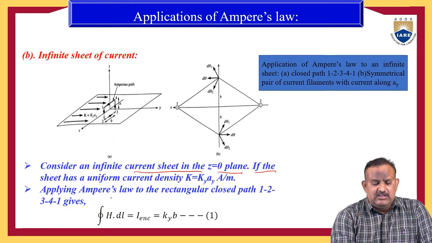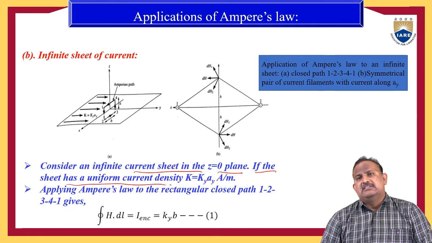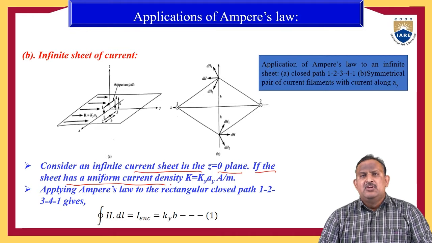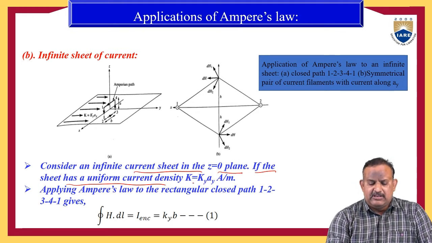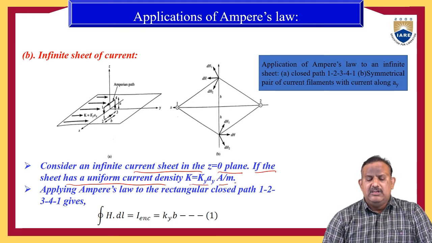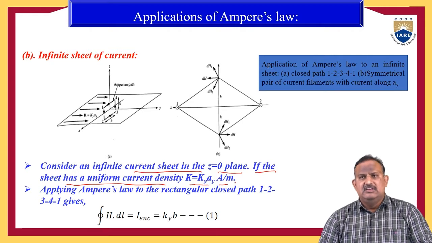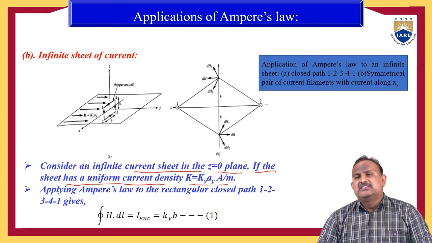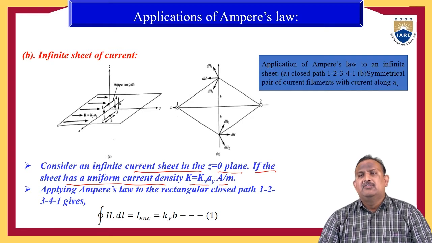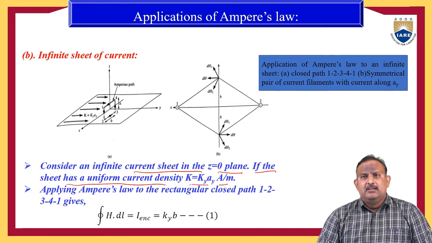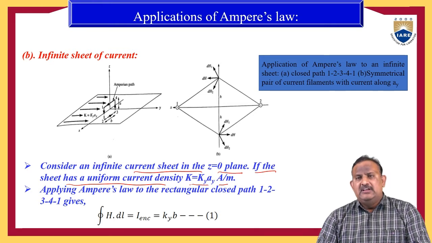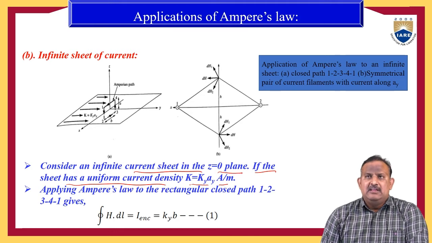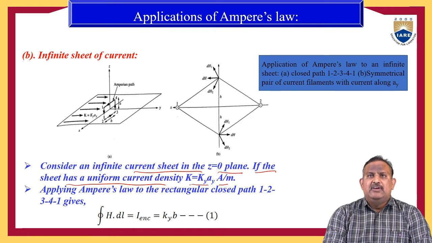Let us assume the sheet has a uniform current density K, where K is equal to Ky into ay amperes per meter. Now we need to apply Ampere's circuit law to this infinite sheet current.